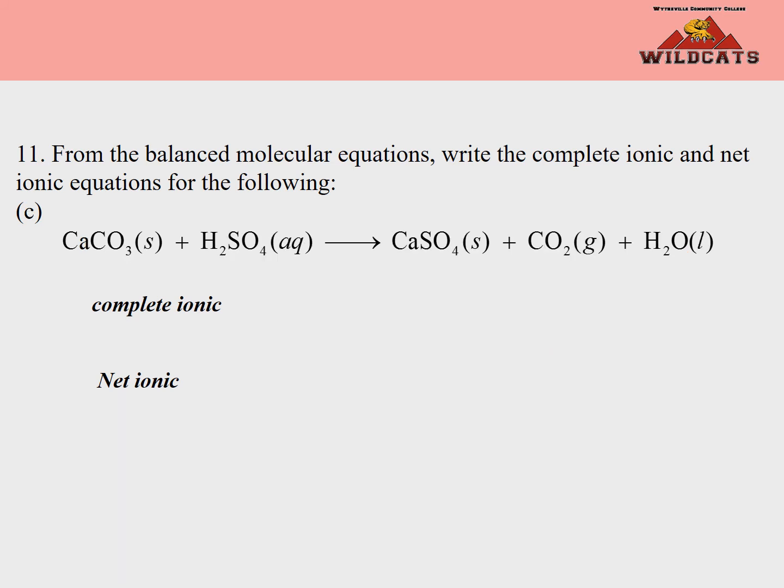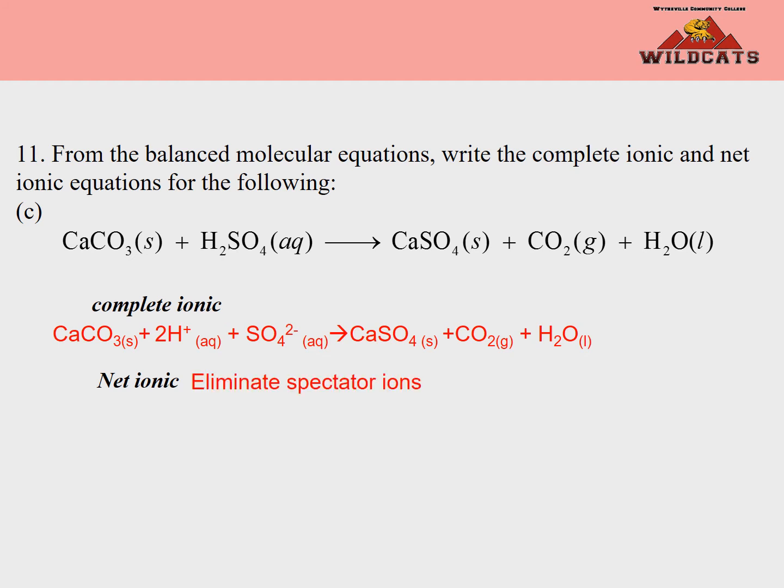So this is a curious equation in that we've got a solid on both sides and we're also reacting with sulfuric acid. So if I write the complete ionic equation, I'm only going to write the ions that come from the aqueous. And if you notice, I only have 2 ions that are being produced, and neither of them are eliminated on the right-hand side.